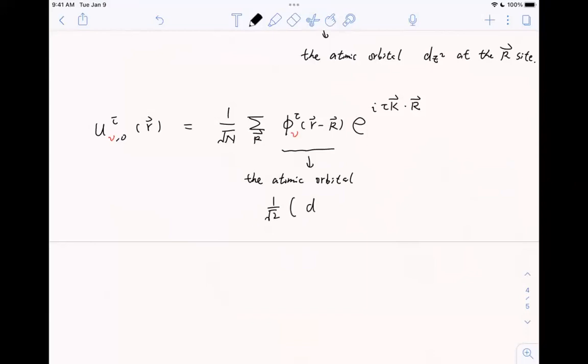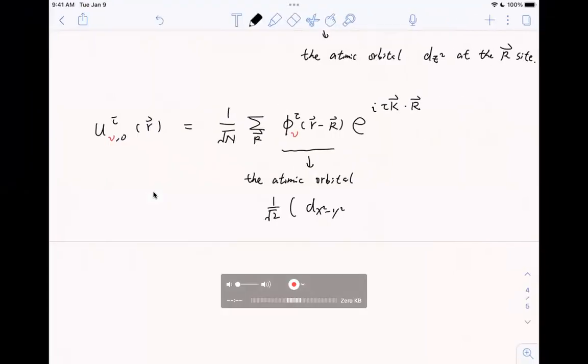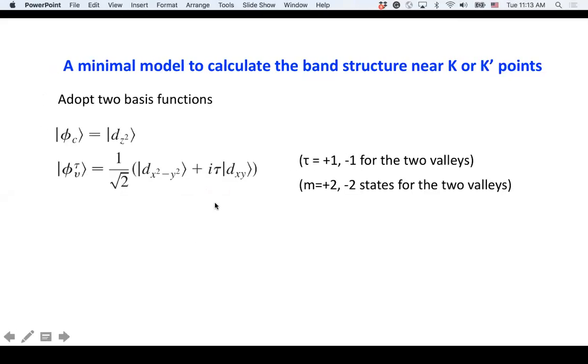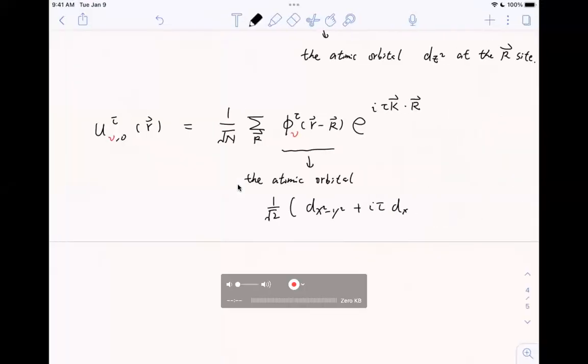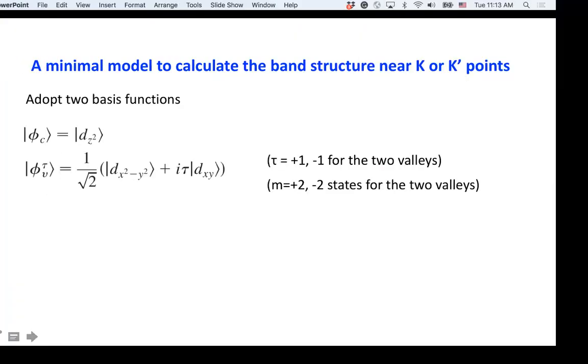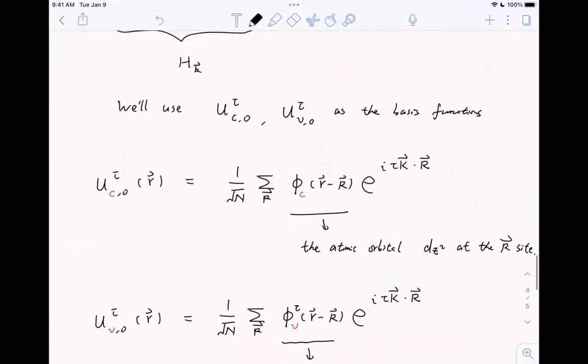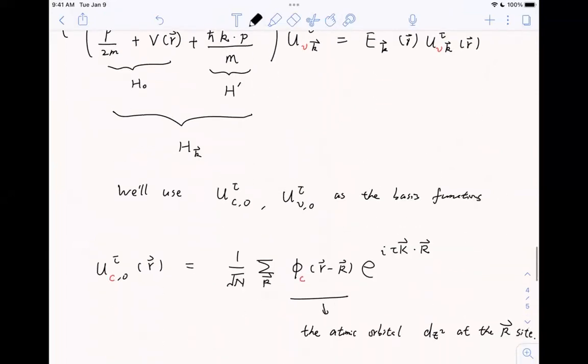You have the d x square minus y square, and then plus i tau dxy at the site. Okay, is it correct? Okay, that's good. Okay, so these two are the bases.